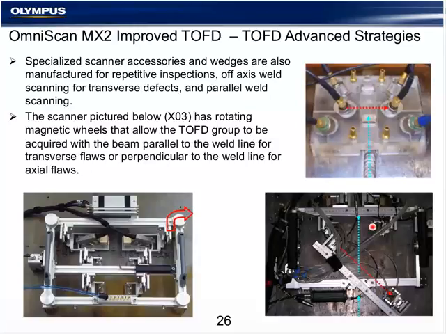Another technique would be to build a sled for a weld all in one housing, where we've integrated the TOFD group with pulse echo or pitch catch weld inspection zones.